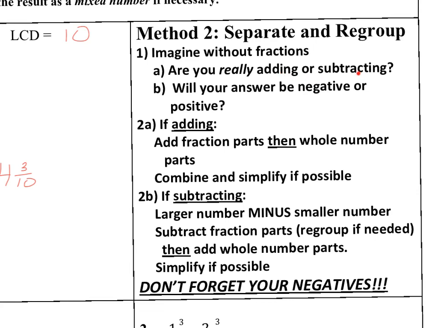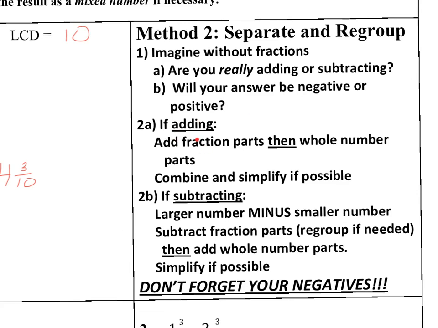Or am I going to be subtracting because they're different signs? So it's looking at that additive inverse and thinking, what are we really doing? And then you need to ask yourself, is my answer going to be positive or negative? If you don't answer these two questions before you get started, this method will not be easy. But if you can wrap your head around this, then I think we're going to be just fine.